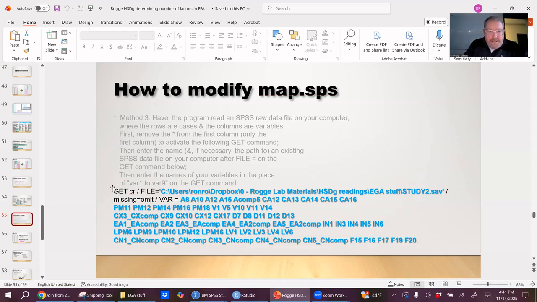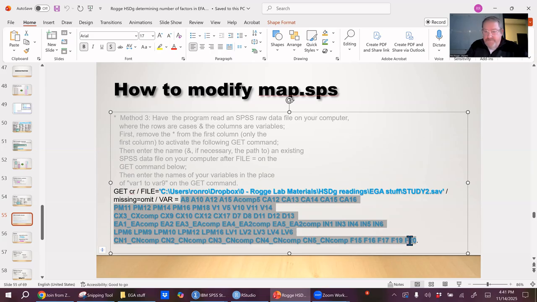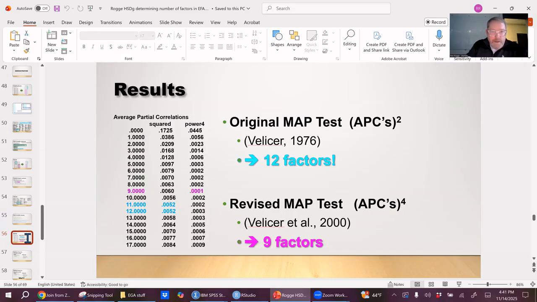This is the path to my data set on my computer. And then I just had to add the names of the 60 variables. And it would pull them in, calculate the correlation matrix.